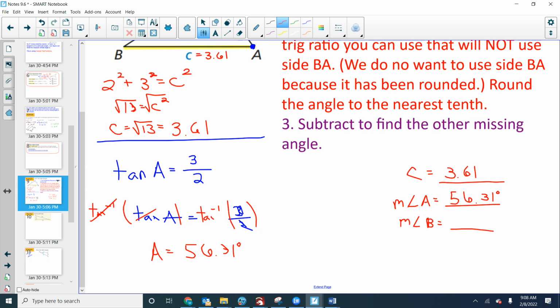Everybody understand how to uncover that angle? Now, quick little check. What's the tangent of 56.31? Regular tangent, not inverse.